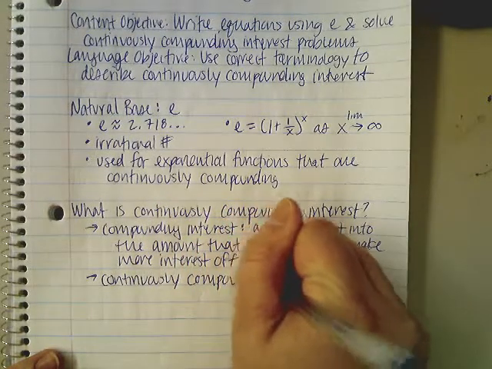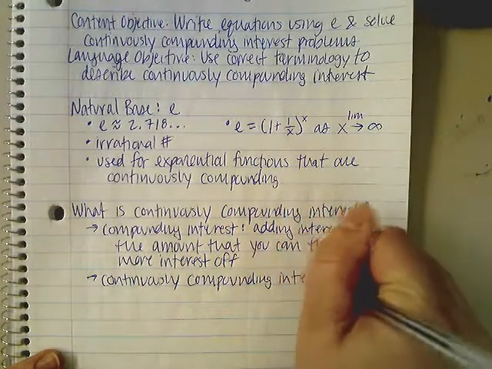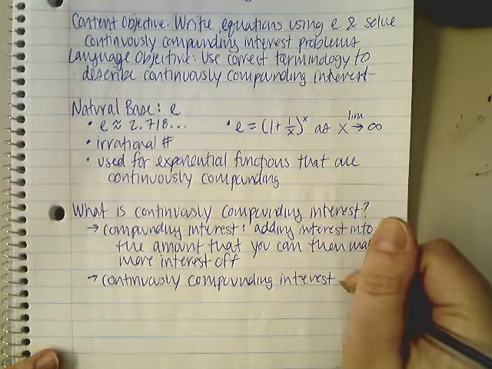So continuously compounding means that interest is added on in infinitely smaller portions.